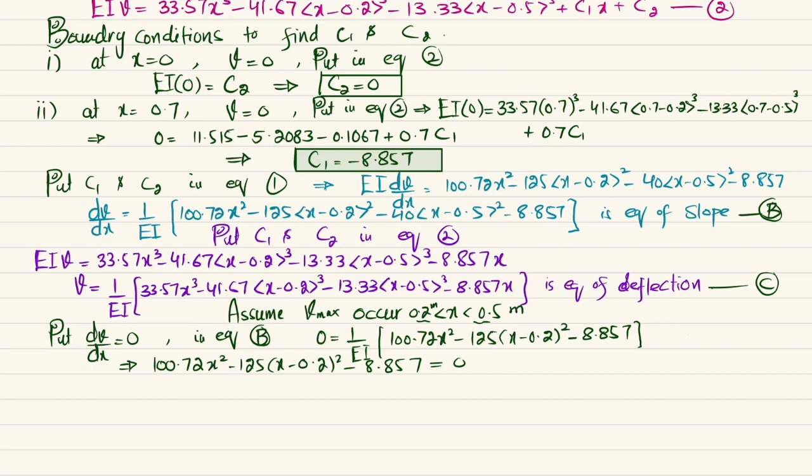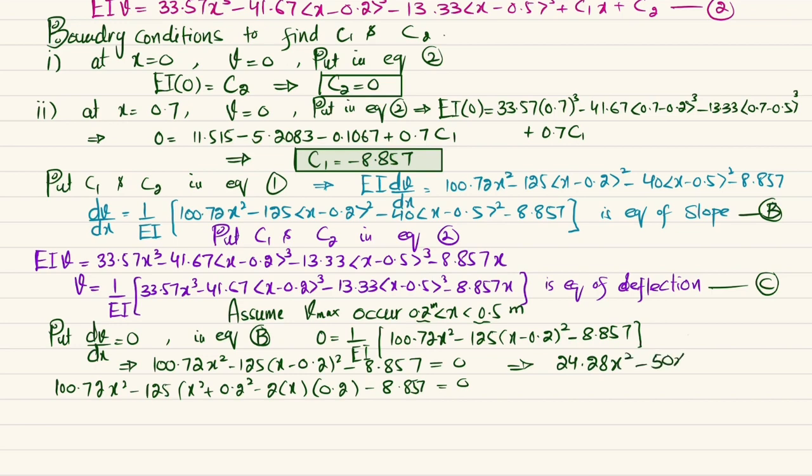So simplify it: 100.72 x square minus 125 into (x square plus 0.2 square minus 2 into x into 0.2) minus 8.857 will be equal to 0. So from here you will get a quadratic equation. So you can simplify it now. I will write the last equation, which is 24.28 x square minus 50 x plus 13.857 will be equal to 0.